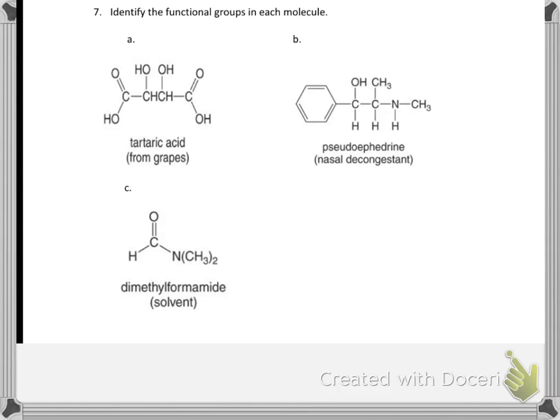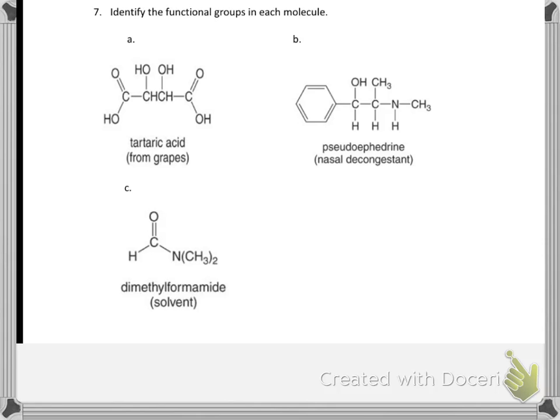So there's 3 categories. There's one that just has carbons and hydrogens, called hydrocarbons. There is one where you have heteroatoms that are attached with single bonds. And then there's a whole table of functional groups that have a C double bond O, which is called a carbonyl group.